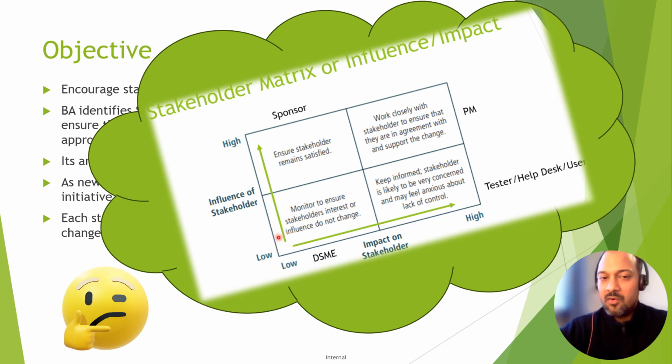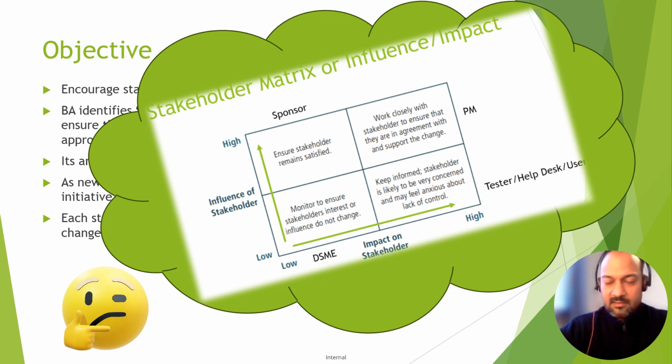Where low influence and low impact is seen, we monitor such stakeholders, because going forward at any point of time, if this stakeholder moves to any other quadrant, then you have to change the way you are managing them. And where low influence and high impact is seen, you keep such stakeholders informed.